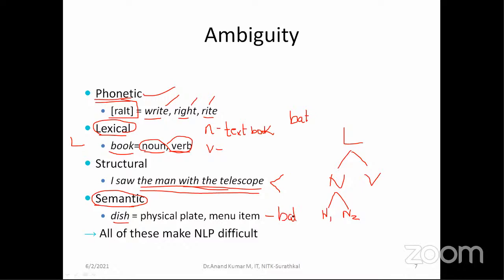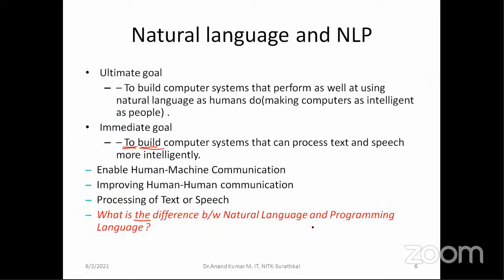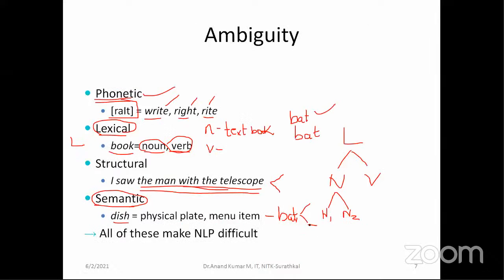So bat is a specific word where you can keep both places, lexical level ambiguity as well as semantic level ambiguity. Batting also, the verb is there and the noun also, bat. And here bat has two meanings: one is, as you said, the animal, and the other is the bat object. Desert also we can say.